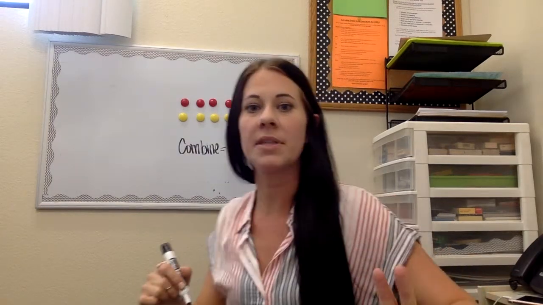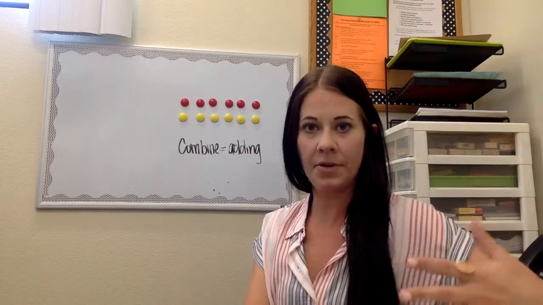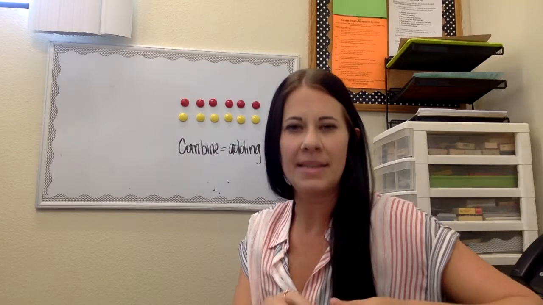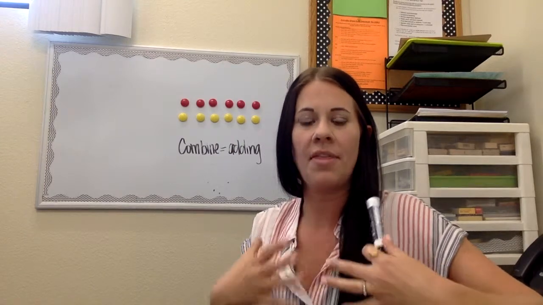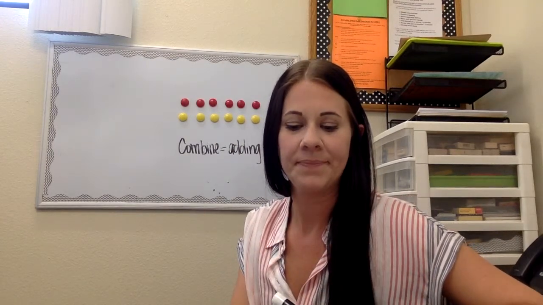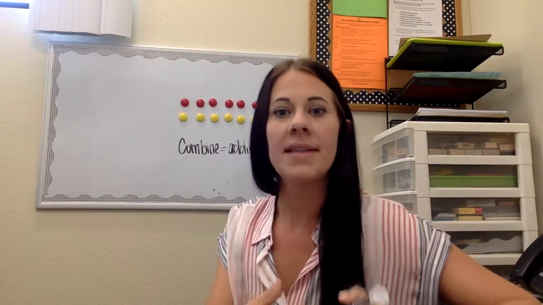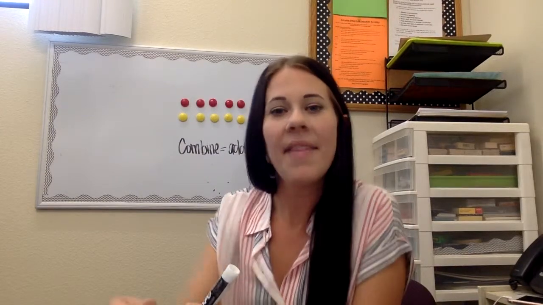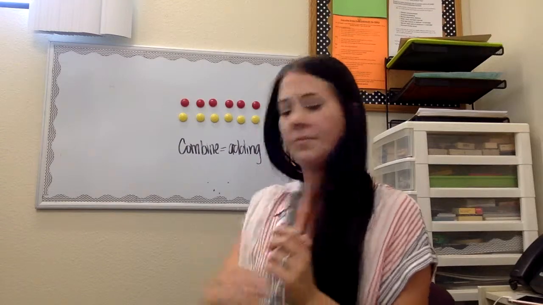That's really important because when we get a little further in the math, we want to say combine, we don't want to say add. And that'll make sense to you later. I just want to start you with that vocabulary. So what they're saying is combine the absolute value, add the absolute value of the numbers, and then keep the sign of the numbers. So let me show you an example.